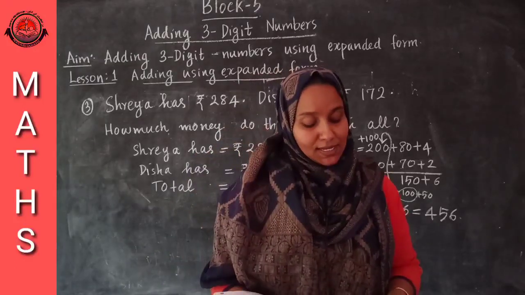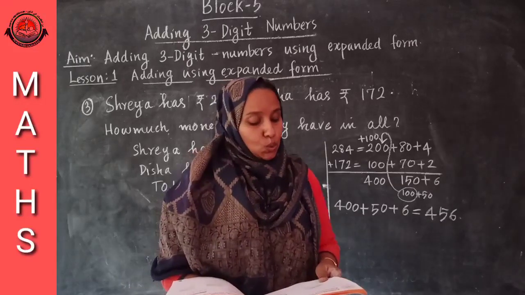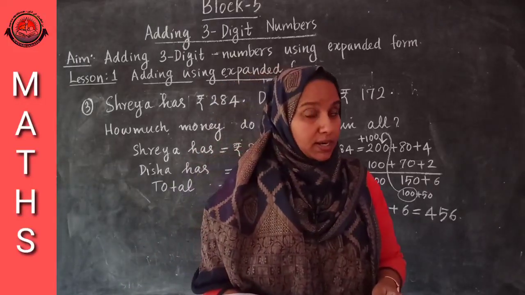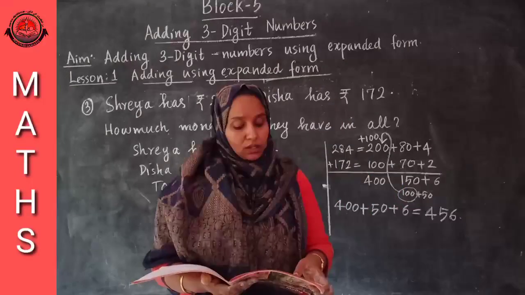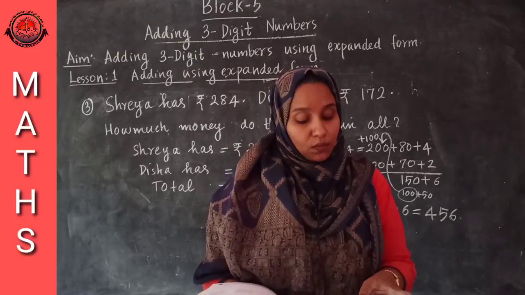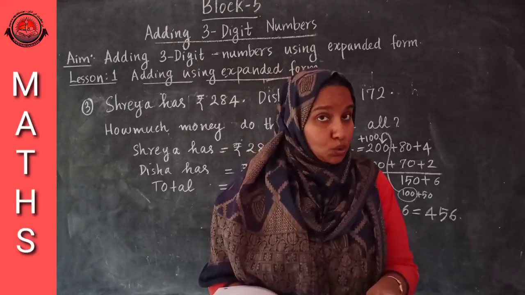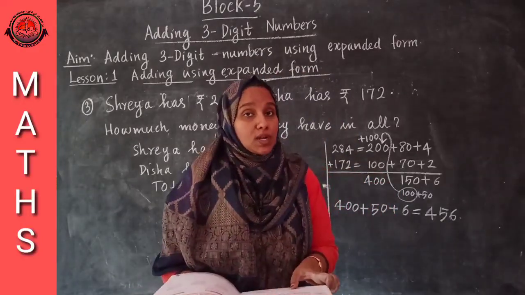Okay. Next, expand the numbers and add them. 261 plus 137. So children, its expanded form is given there. So first we have to start to add the ones. So 7 plus 1 is what, children?